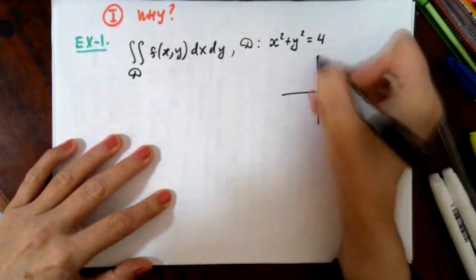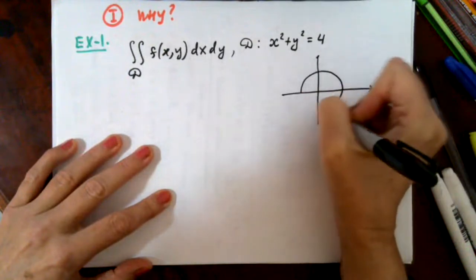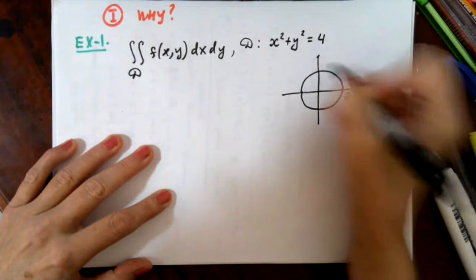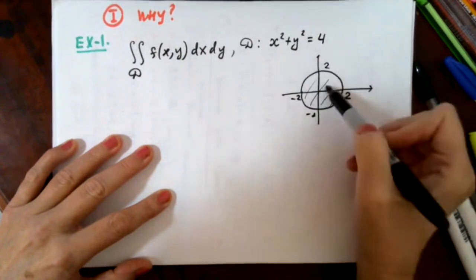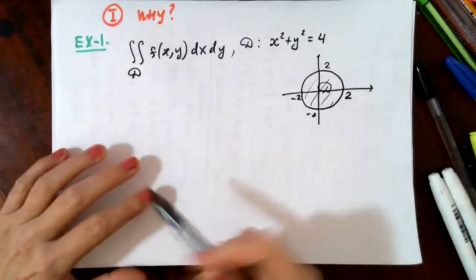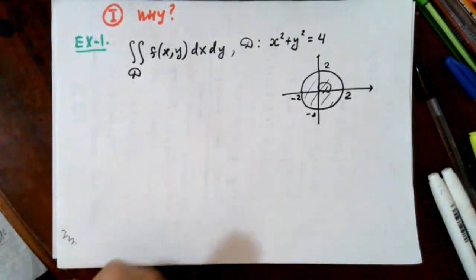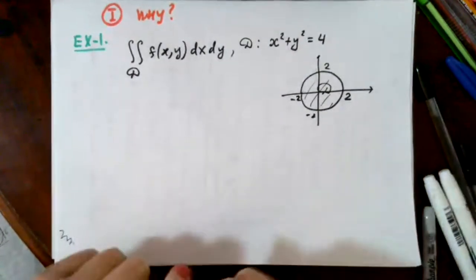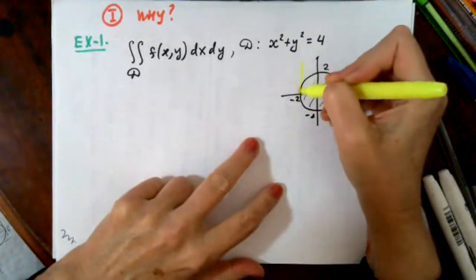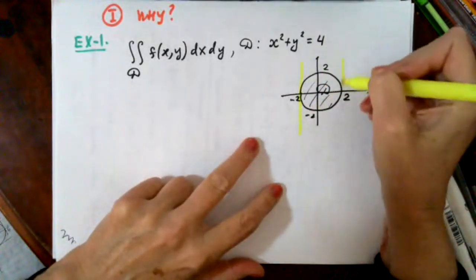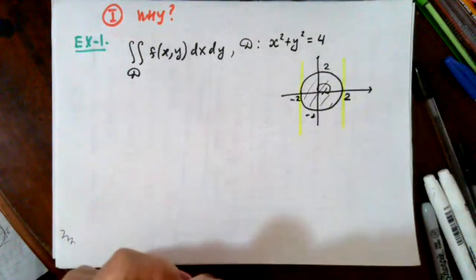Nothing bad about circles. Circles are actually very beautiful curves. Let's plot the curve. And this is circle of radius 2, if you remember. And so it means that this is our area. And of course, as usual, if we try to squeeze this region between two vertical lines, this is our first approach. Let's do it. So this is my first vertical line, and this is the second vertical line.